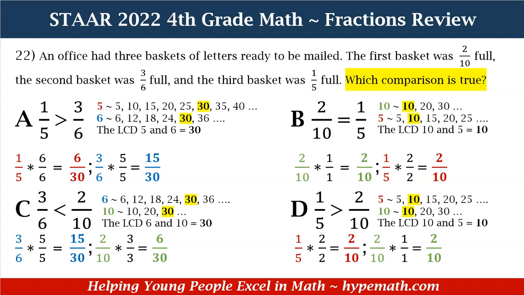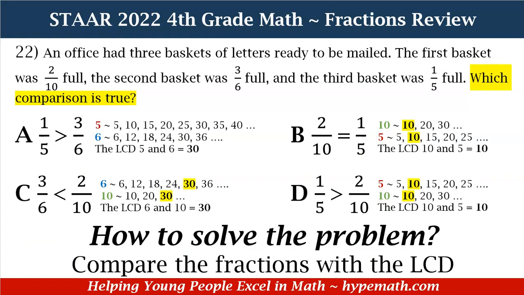Our LCD for 10 and 5 is 10. Again, we need to find our equivalent fractions. 1/5 is equal to 2/10, and 2/10, since it already has 10 in the fraction, we multiplied it by 1, but again, fourth graders, you really don't have to if you have a fraction that already has the LCD, okay?